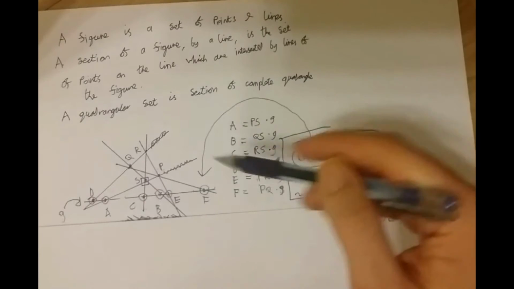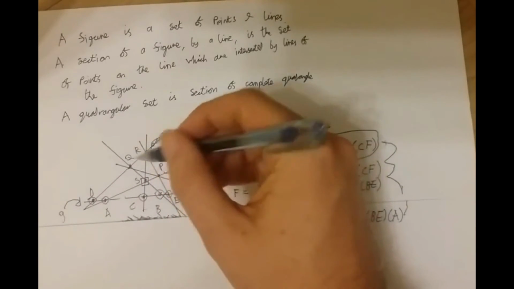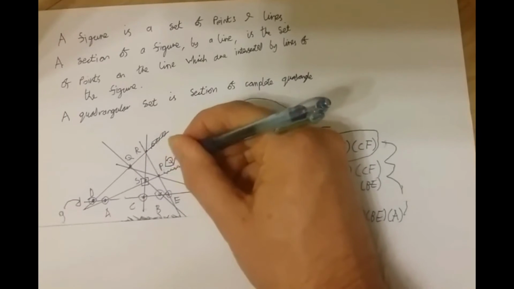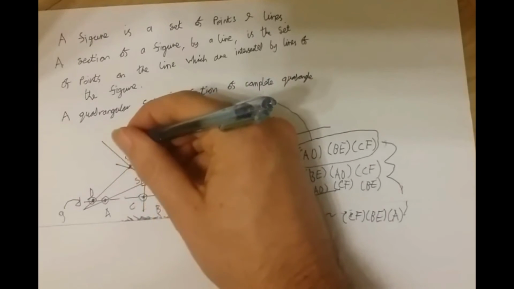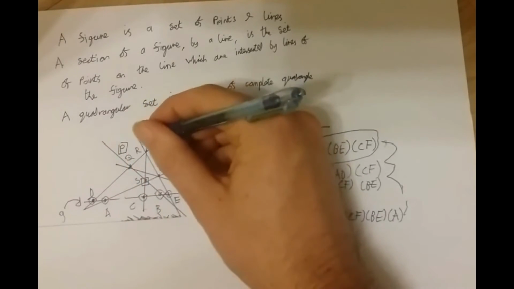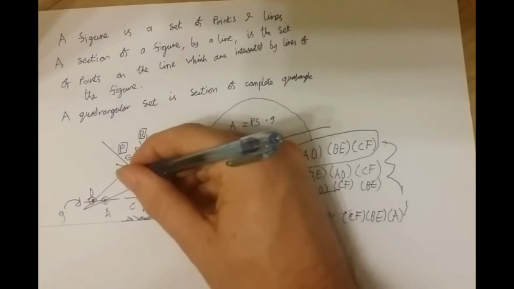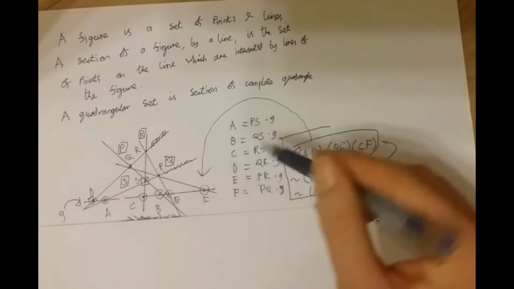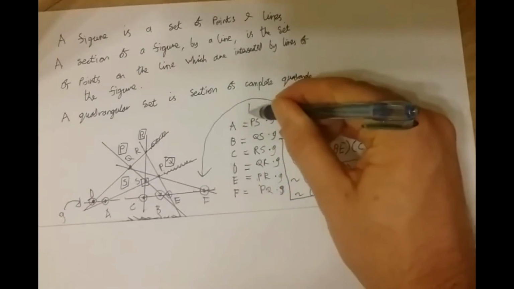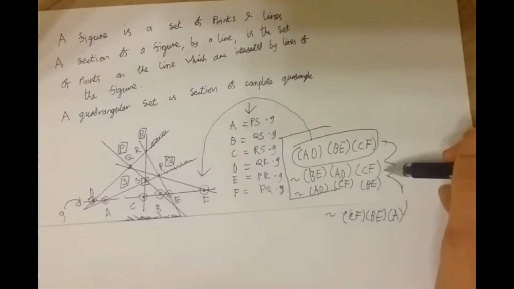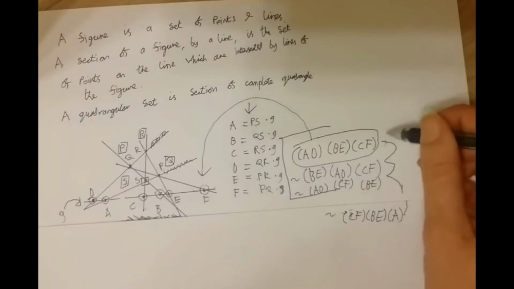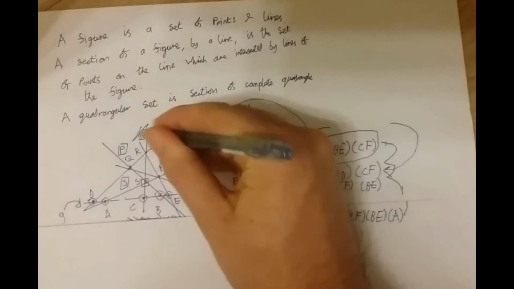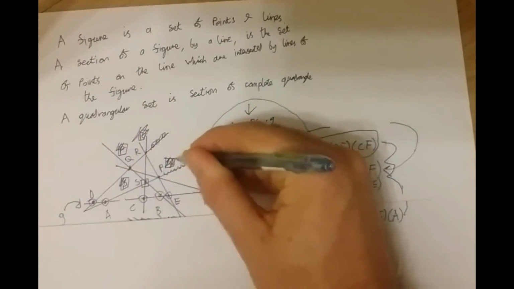However, if we relabeled it, let's say we'd called this one Q, and this one P, and again this one R, and this one S. Well, if we'd labelled the original quadrangle like that, and then we'd applied these rules again, then we'd have ended up with this particular set here. So you should probably check that for yourself. Anyway, we're not doing that, so you can just ignore this.